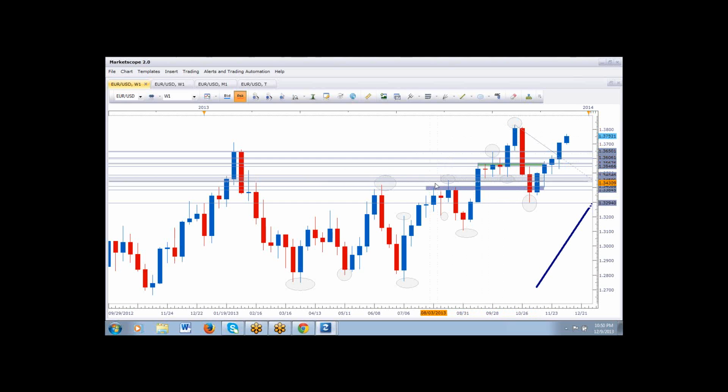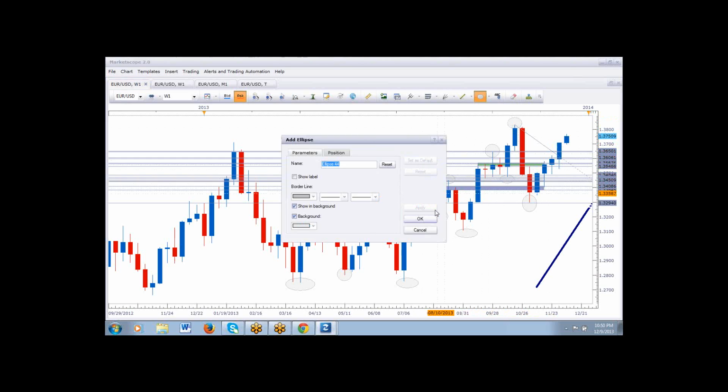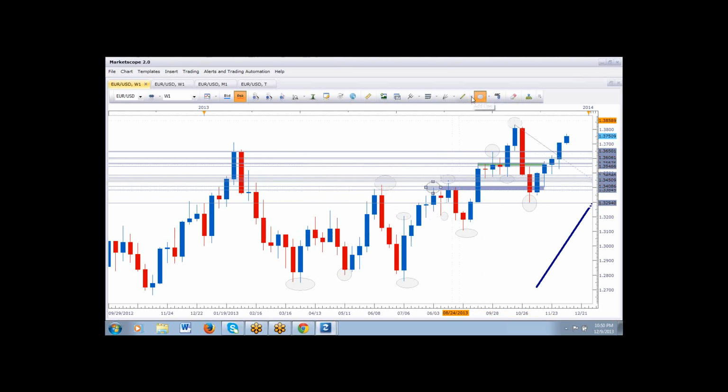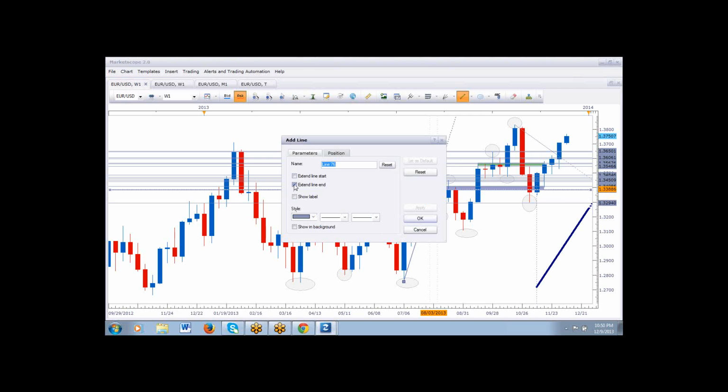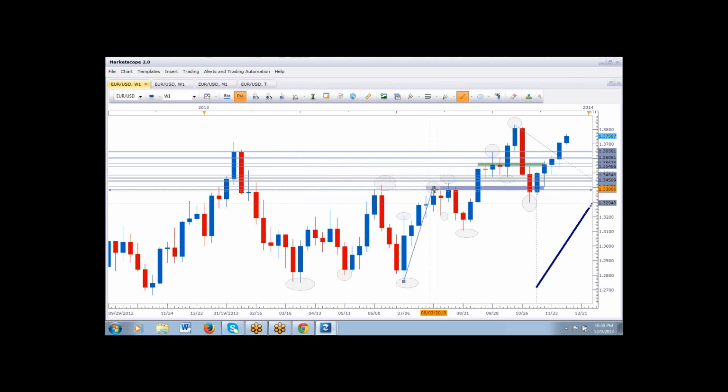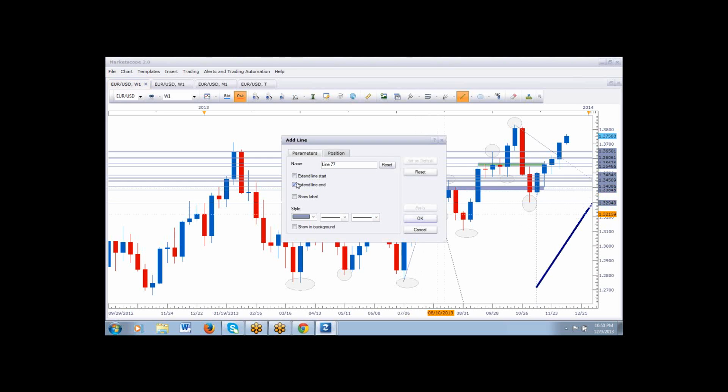Hey, I didn't put one in there. Alright, I'm going to do the same, freehand for now. Actually, I'll make it objective. High and low. Bam. Bam. That's one. Connect the dots. Two.